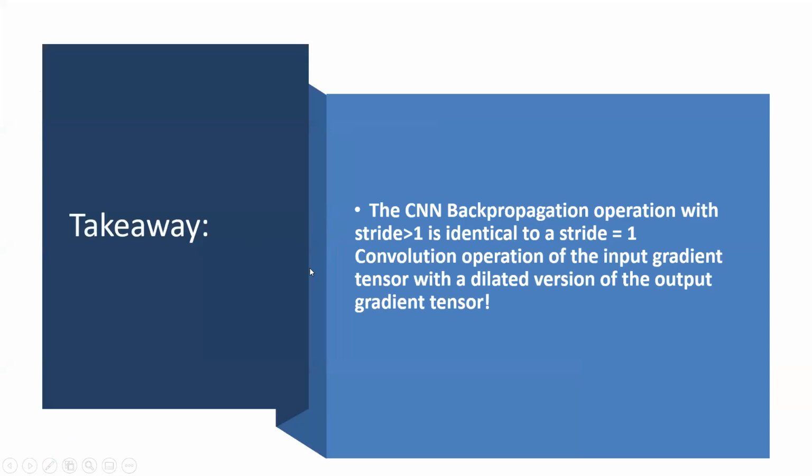So when we're computing the loss gradients with respect to the filter and the stride is greater than 1, it's the same as doing a convolution of the input with the dilated version of the output gradient tensor.